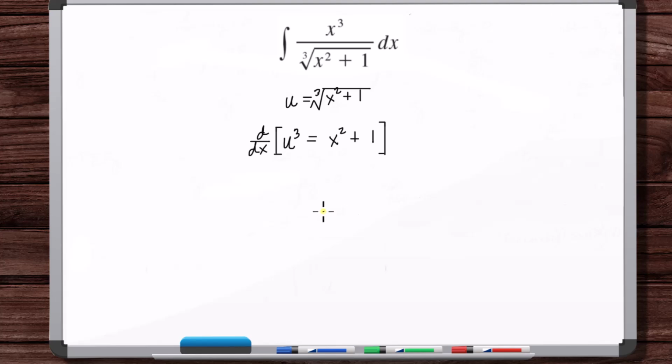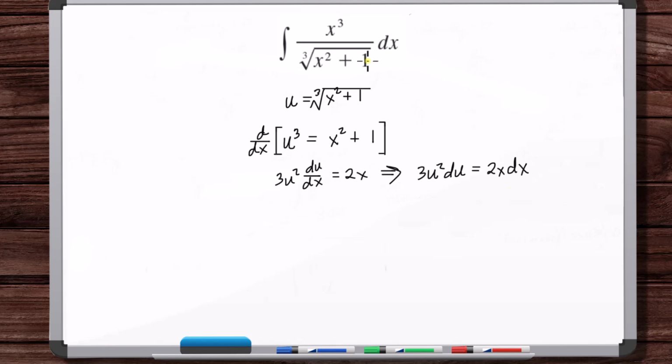So we've got 3u squared du/dx is equal to 2x. So 3u squared du is equal to 2x dx.